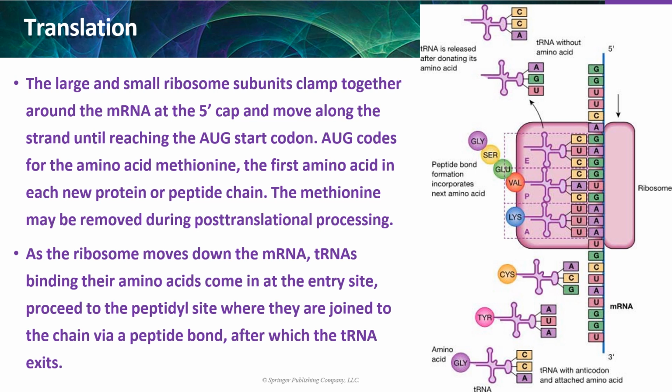During translation, the messenger RNA is read in a series of 3-nucleotide units called codons. The 4 RNA bases, adenine, uracil, guanine, and cytosine, can be combined in any order.